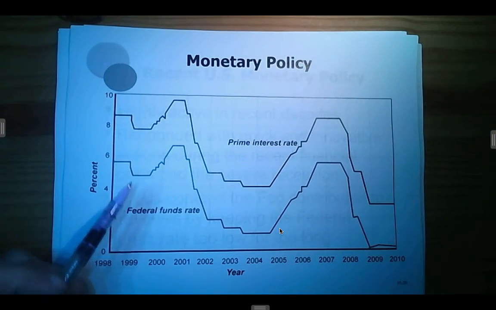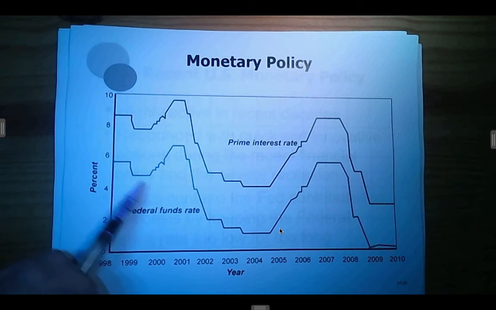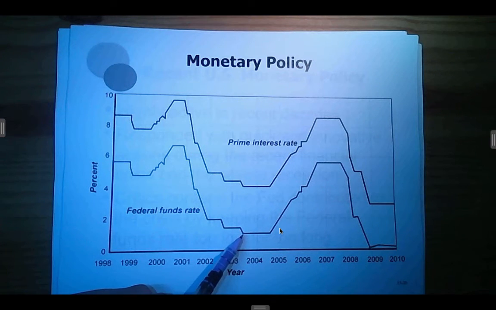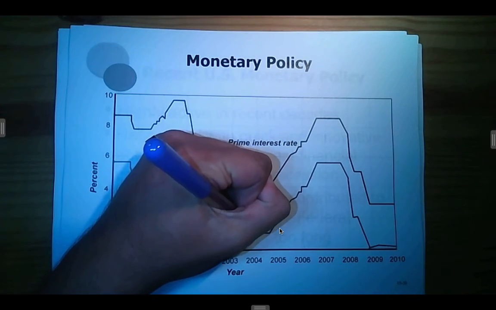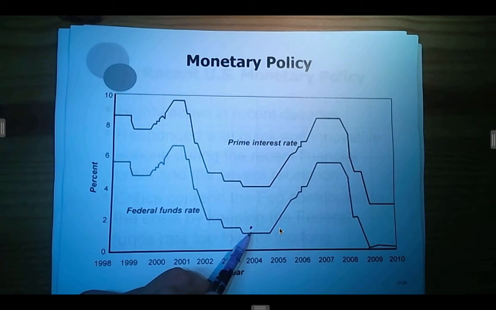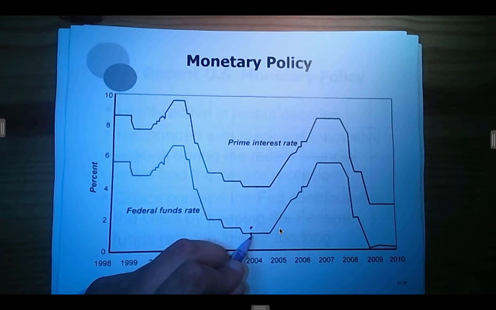That the Federal Reserve looks very closely at this, and if this is what they want the federal funds rate to be, right, then if the actual federal funds rate was right here, then they would say, oh my God, we have to expand the economy more to get the actual federal funds rate here. Right?